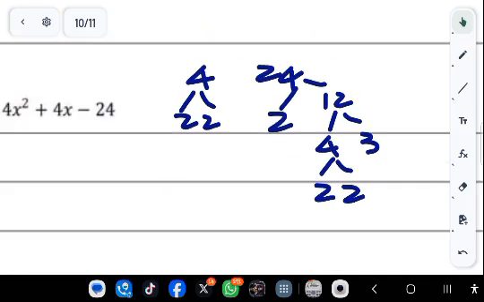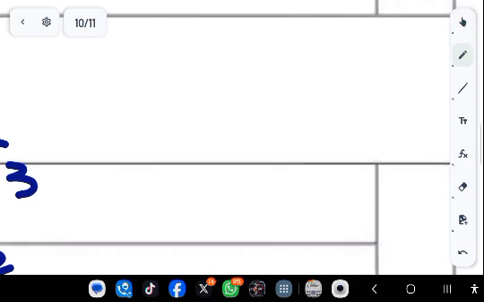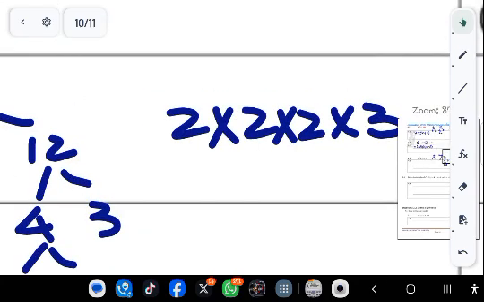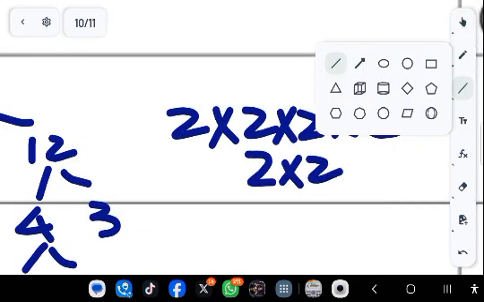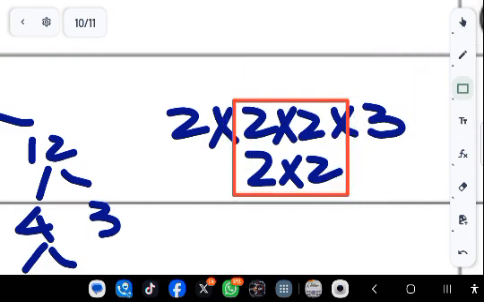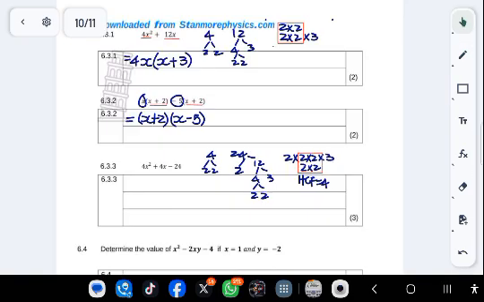So that's 2 times 2 times 2 times 3. And then the other one is simply 2 times 2. So let's match them up. The highest common factor is 4, so we take that out.